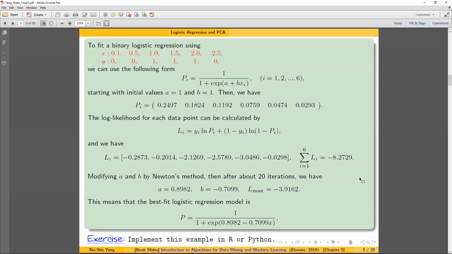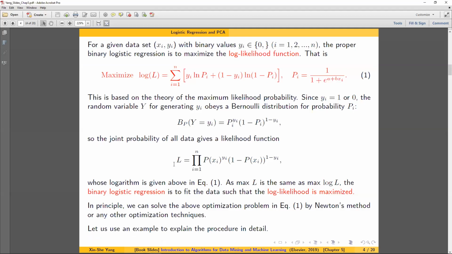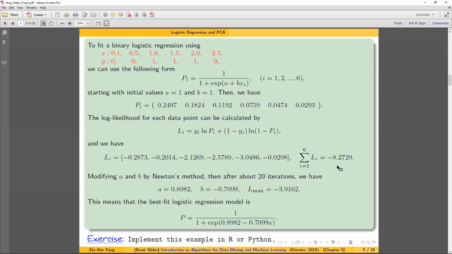So now you have L. Then by modifying A and B with Newton's method, you get a new A, new B, and you calculate a new likelihood. After we take this multiplication, we also need to take the log of L, so just remember to do that.